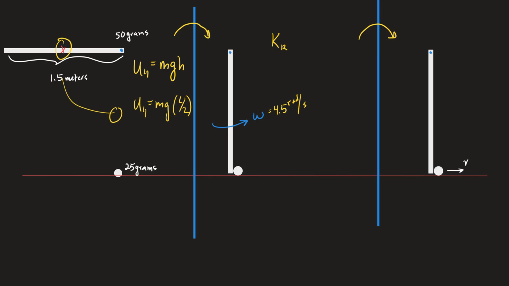There's two conditions to have translational kinetic energy. The first is the center of mass of the object has to be moving. The second is it can't have a fixed pivot point. So like something that's rolling, the pivot point's moving the whole time. All right. What's that? Rolling would have translational and rotational.